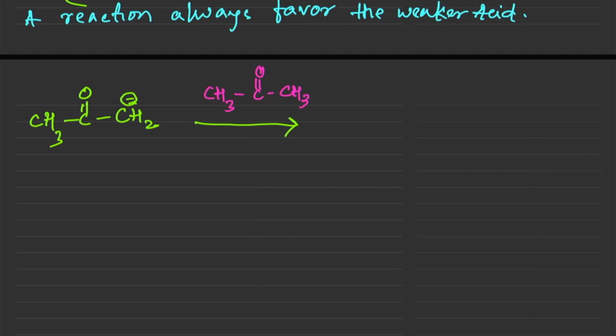There is a negative charge here, and we know that carbon has a delta positive and oxygen is delta negative. Every time you have a negative charge and an electrophilic center, it's going to react with itself, because you still have 95 of these.